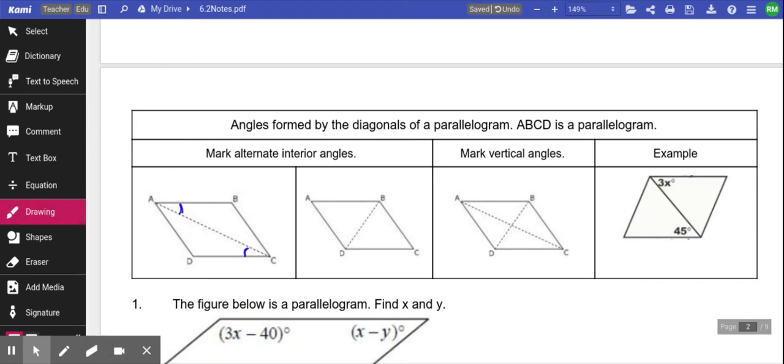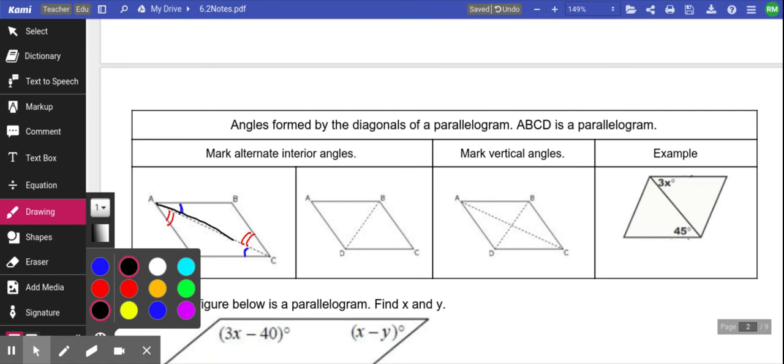And here is the other set. Remember, the angle has to touch the transversal. So this is the transversal and the parallel lines.